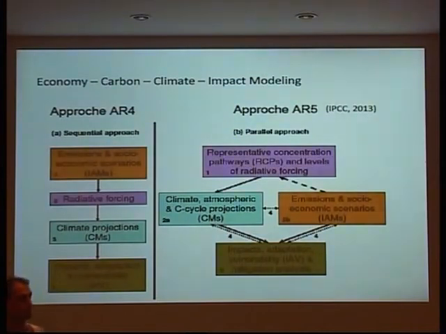And then they can propose economic pathways to meet the compatible or permissible emissions that we compute with the climate carbon models. So that's another example of the way we couple models: climate carbon fully coupled models, integrated assessment models, and some scenarios to force both of the models.